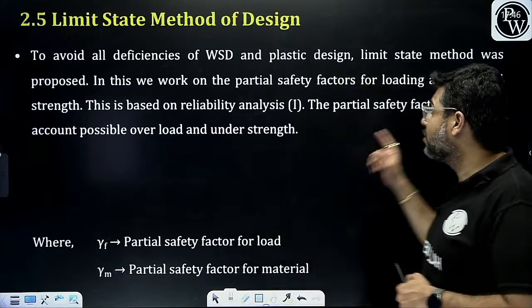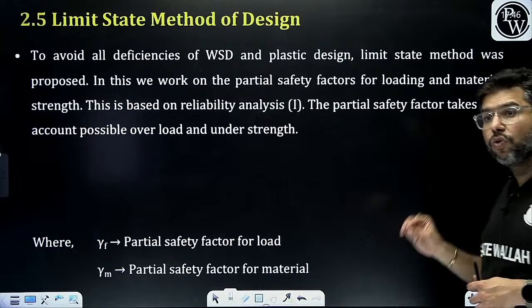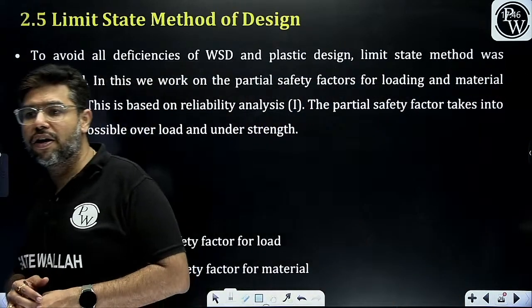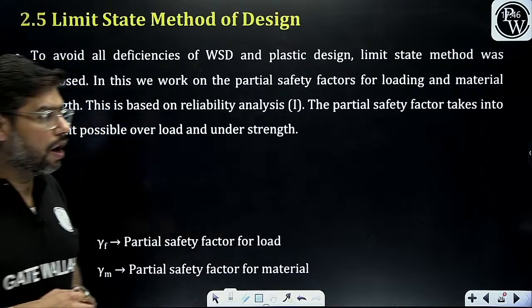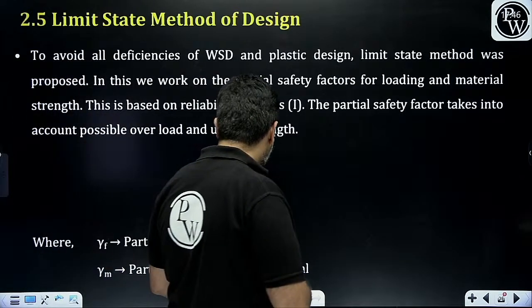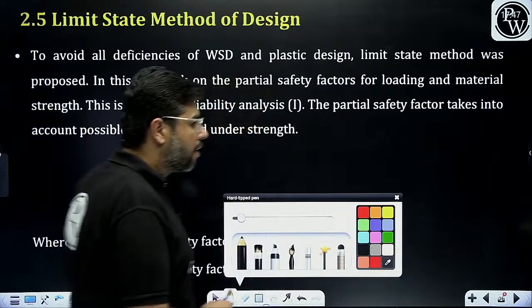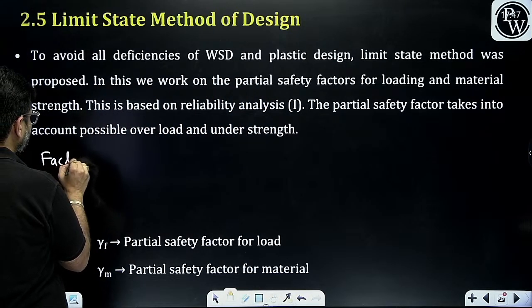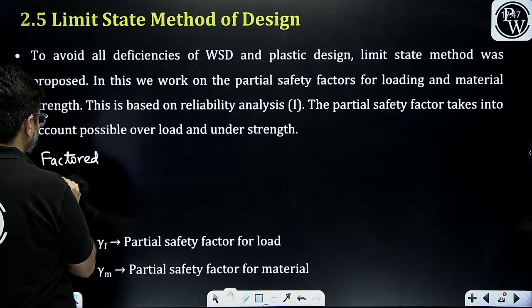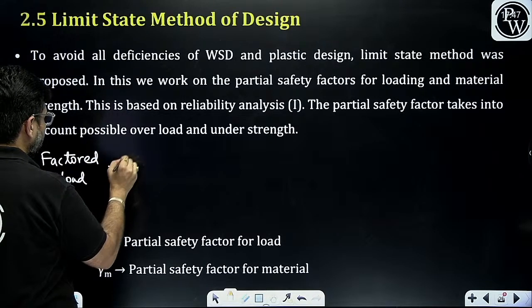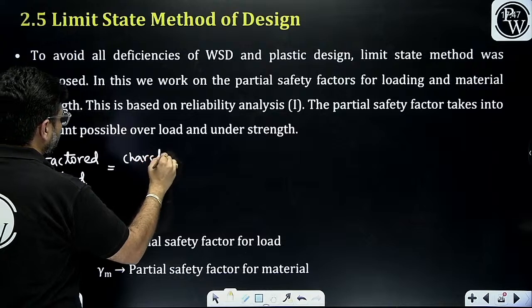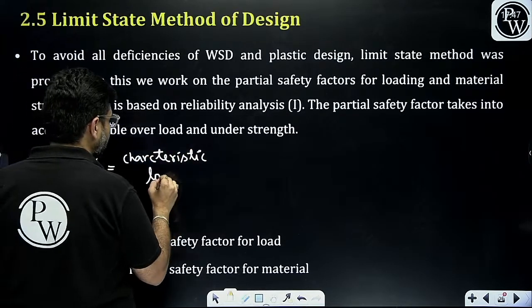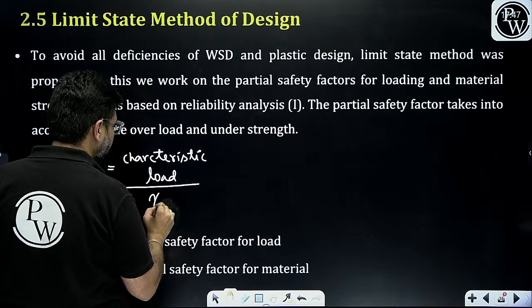So, here partial safety factor is used, and it takes into account any possible overloading as well. Here we will define a factored load as well as a factored strength. Factored load is equal to, as you might have seen in RCC, characteristic load multiplied by gamma f.